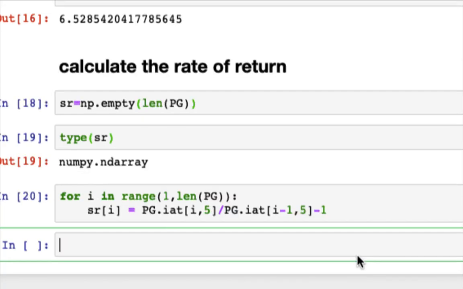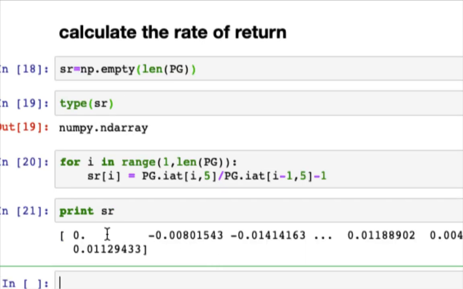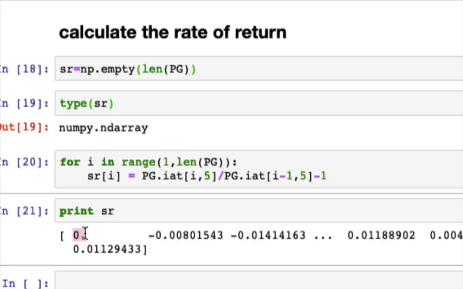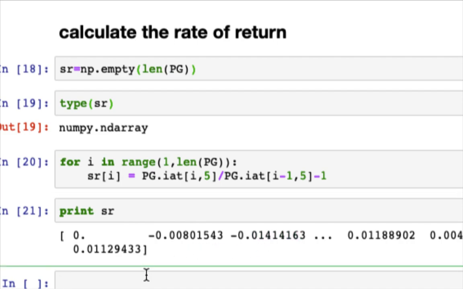Okay, let's take a look at it. The first one is 0, because I created it with empty and it's undefined, nobody touched it. The second one is the rate of return between the first and the second day, the rate of return between the second and the third day, and so on. So we have all the rates of return.